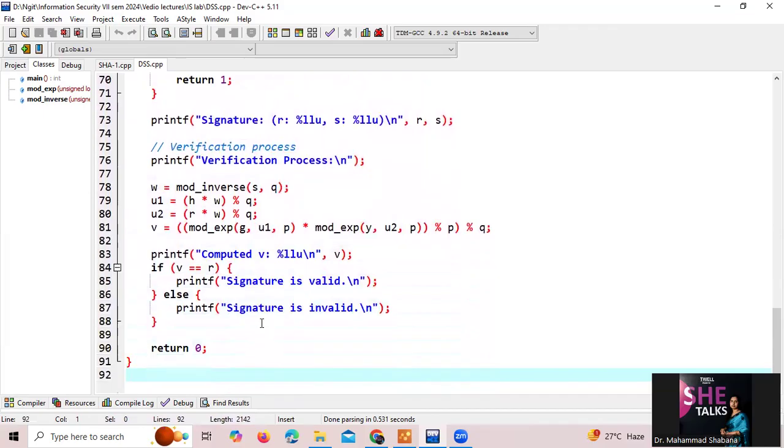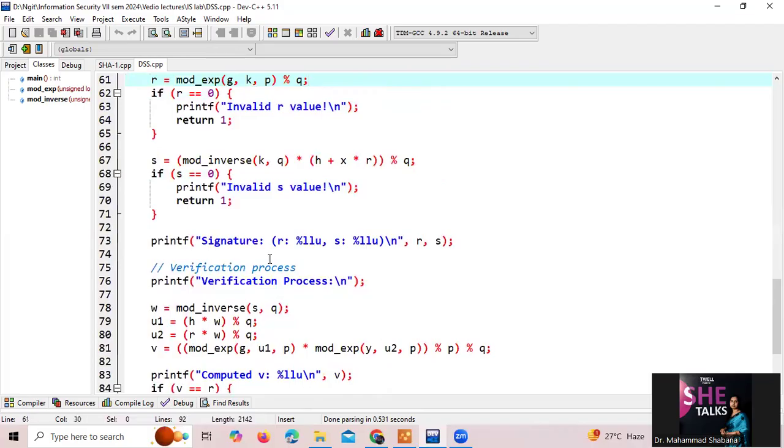Let us assign the DSS parameters. Here we have hard-coded DSS parameters: P is equal to 23, Q is equal to 11, and G is equal to 4. Here we are computing the private and public values.